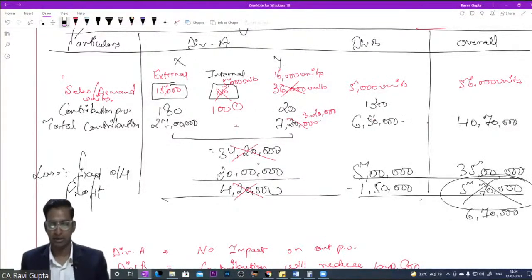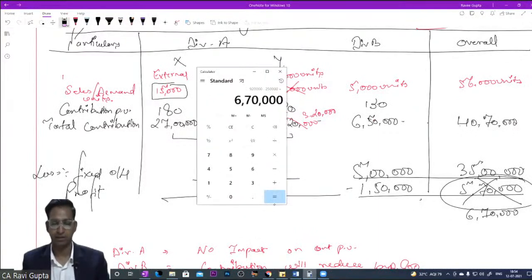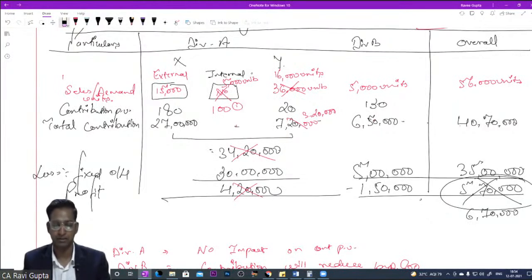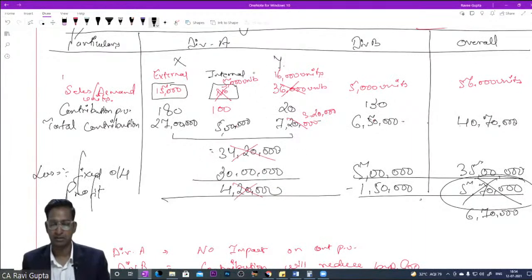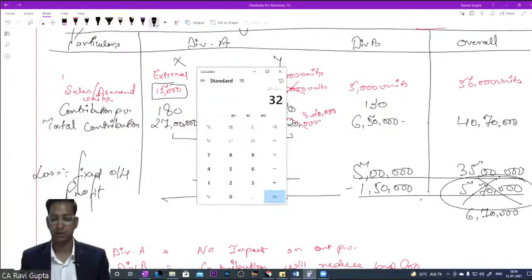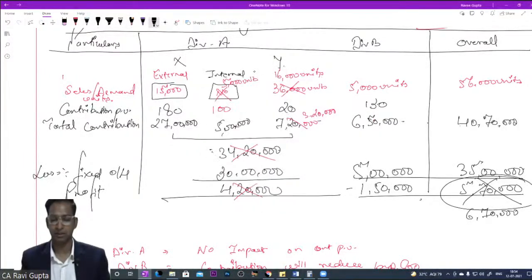So let me calculate now. 5,000 into 100, that is 5 lakh rupees. Here we have 5 lakh rupees. That means 27 plus 5, it's 32, plus 3,20,000, that is 35,20,000.